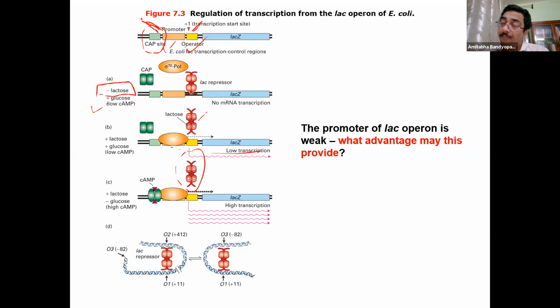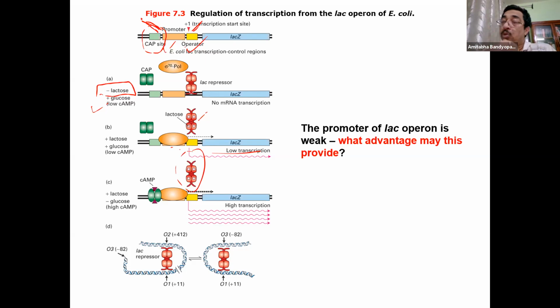So though the intrinsic affinity of RNA polymerase to the lac promoter is low, because of the binding of the CAP protein nearby, and because RNA polymerase can interact with it, the apparent affinity of RNA polymerase towards the promoter goes up.